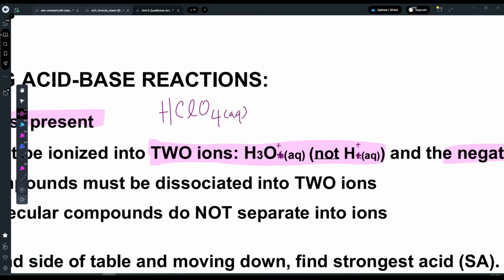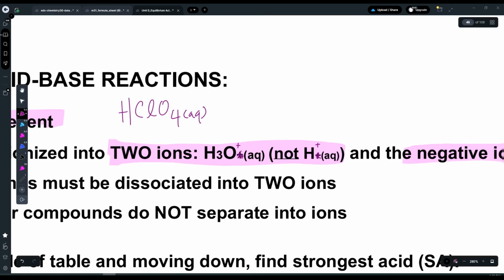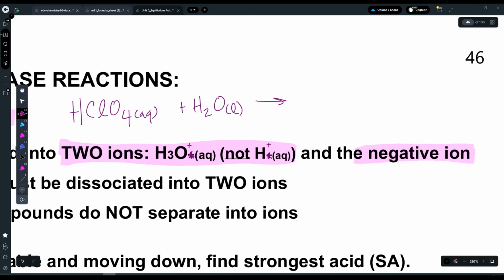Acids are always aqueous, and then the two ions it would break apart into would be hydronium, coming from reacting with water, as one of our ions.